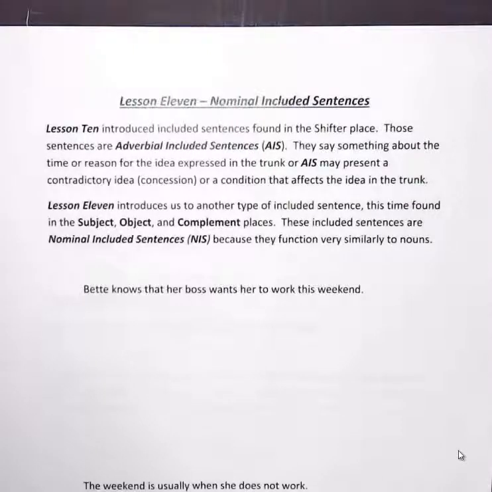The same kind of phrase looks identical, but depending on where it is, that phrase takes on a different job or function in the sentence. So one group of words may be considered adverbial in one place, but in another place, that same group of words is nominal, or treated like a noun.